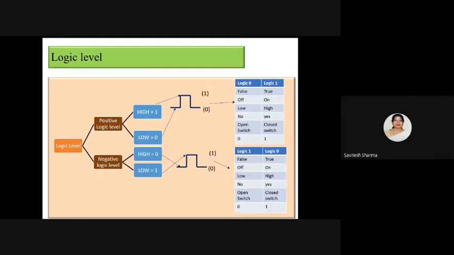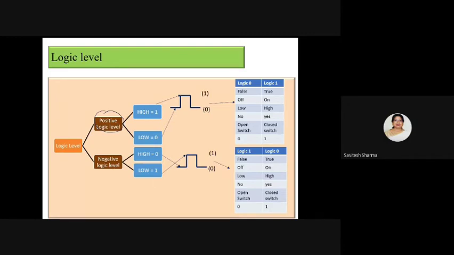We can represent our information in two logic levels. One is called positive logic level and second is called negative logic level. Generally we use positive logic level, but sometimes negative logic level may also be used.